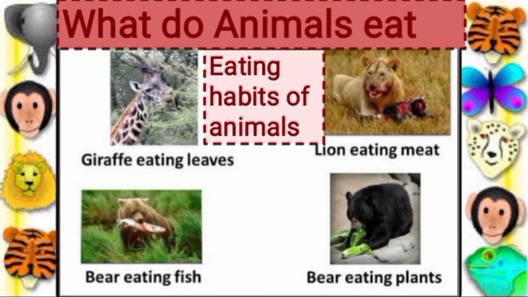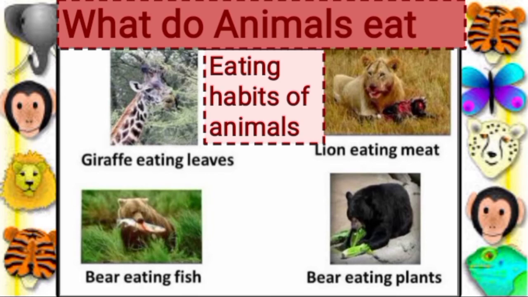All animals need food to survive, and they eat many different kinds of food, including other animals, fish, nuts, seeds, tree leaves, branches, insects and grass.